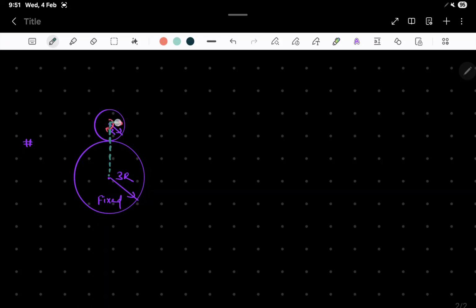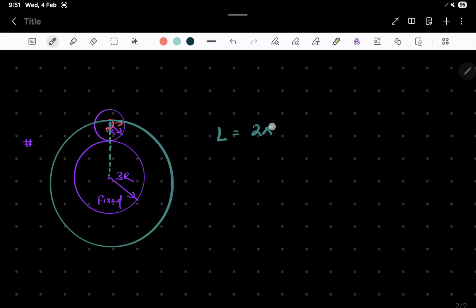Okay, let's draw a circle first, like this. So if I'm talking about this particular radius, this particular green circle, what is the length of this green circle? So I will say the length of the green circle is 2 pi into 4r, that is 3r plus r.